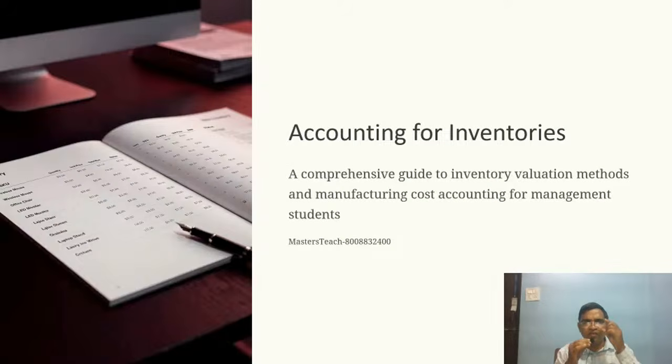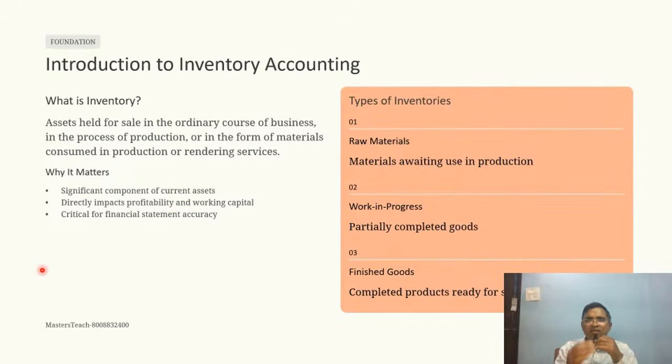This is accounting for inventories, where we are going to study a comprehensive guide to inventory valuation methods, manufacturing cost accounting for management students. I'm going slowly. So, what is inventory?